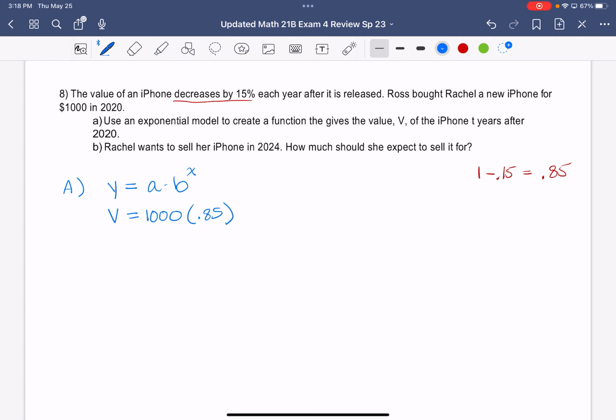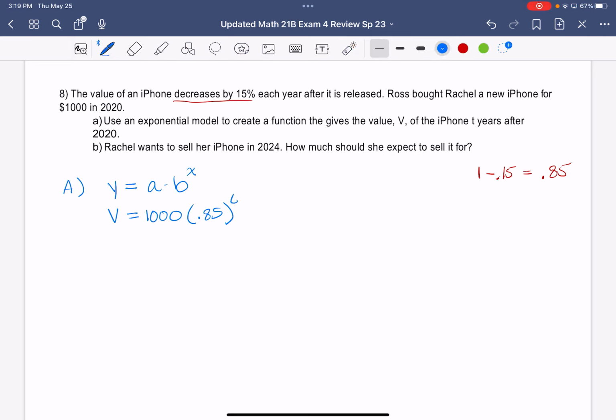Instead of x, what variable should we be using? It's a variable, not a number. Instead of x, I just want to put t.